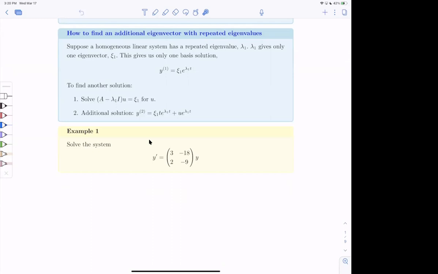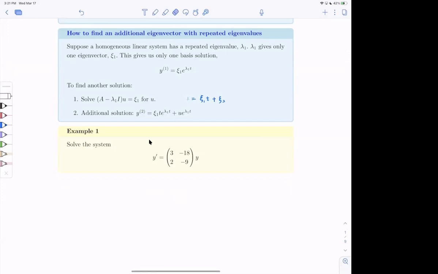I used u here, so I'll just use u. u is your second eigenvector, equal to whatever you found from the second one.